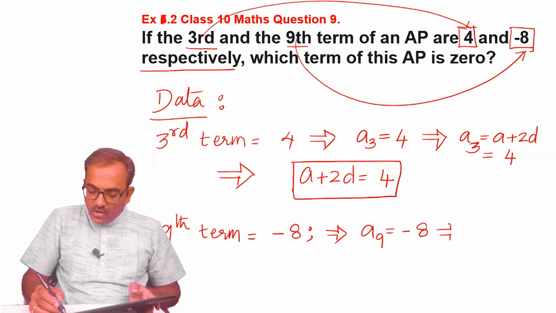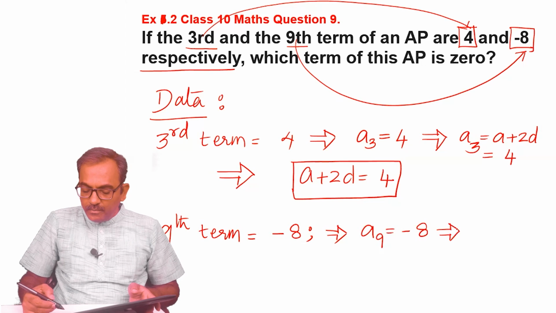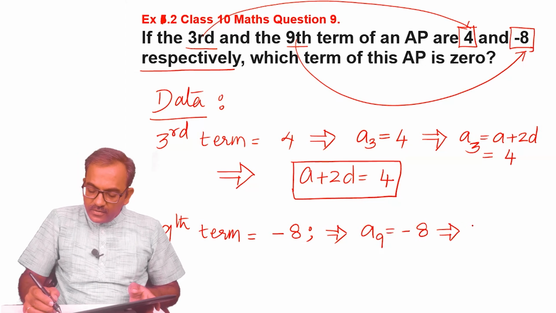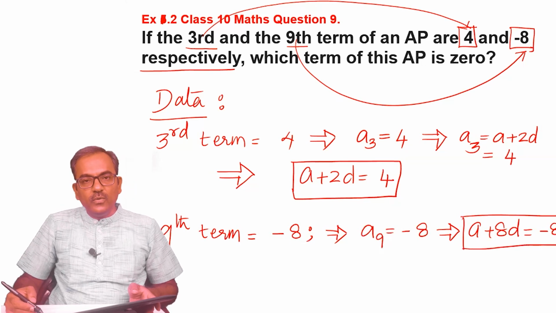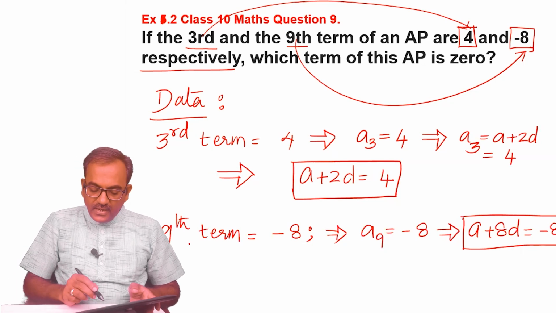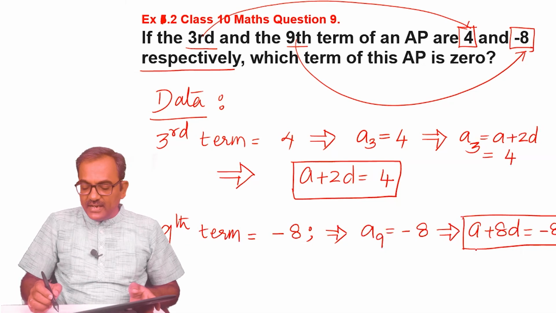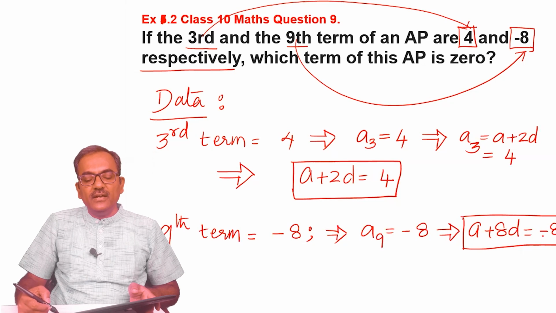So we have a plus 8d is equal to minus 8. Isn't it, children? Hope you are also noting down what I am writing here. A9 is a plus 8d, which is equal to minus 8.